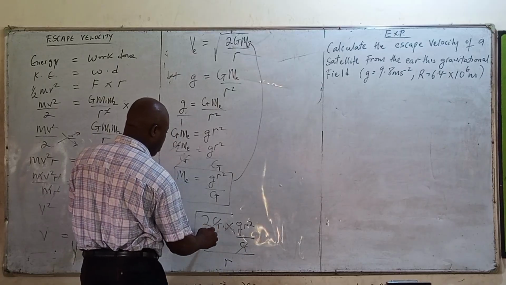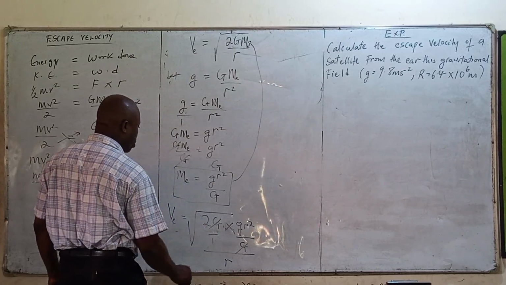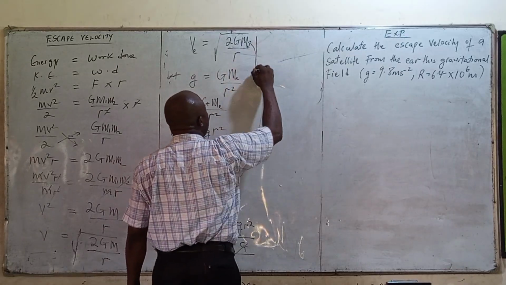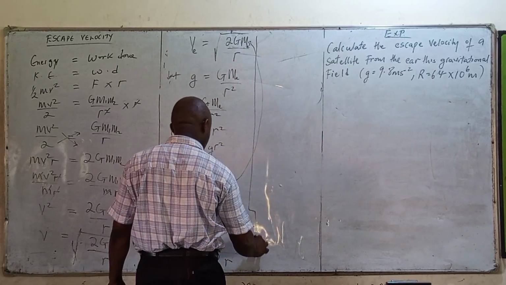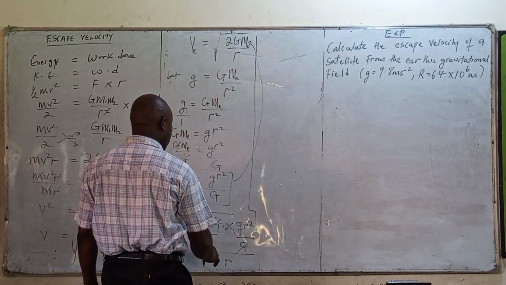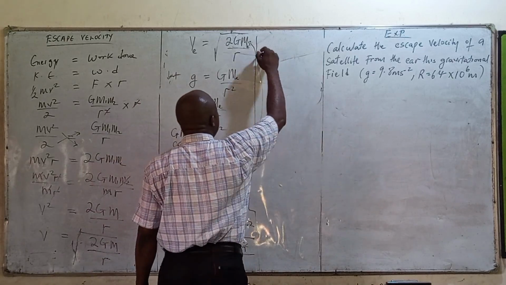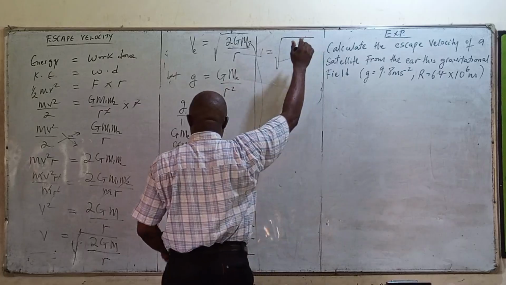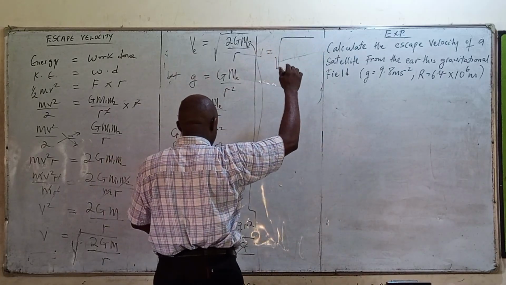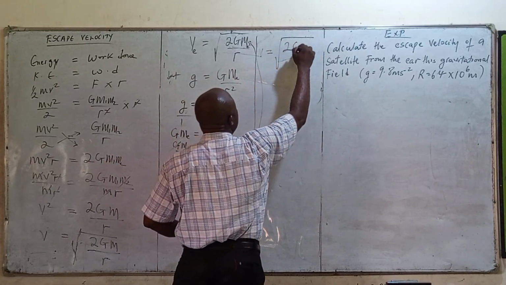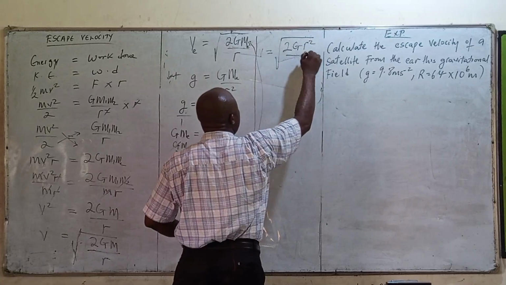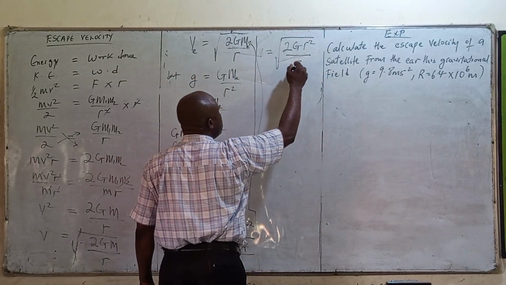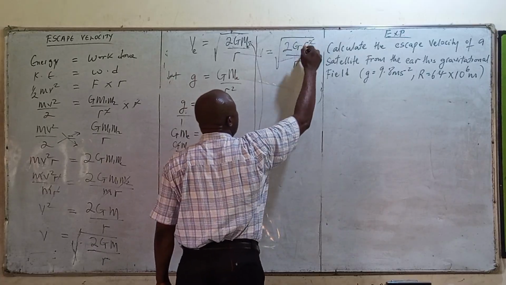So G will cancel out G. Let me divide the body into 2 here. So we are left with V equal to square root of 2 g R squared over R. Again, this denominator R will resolve one of the R's here.